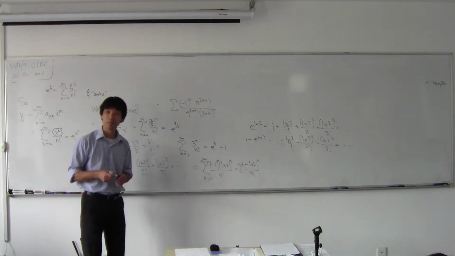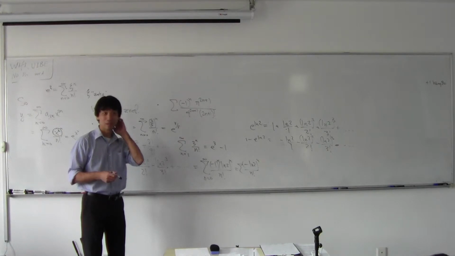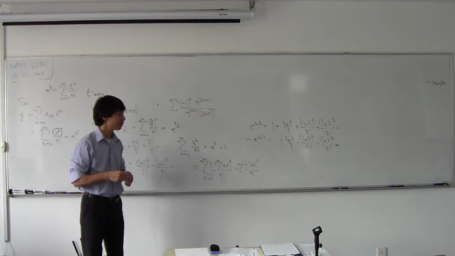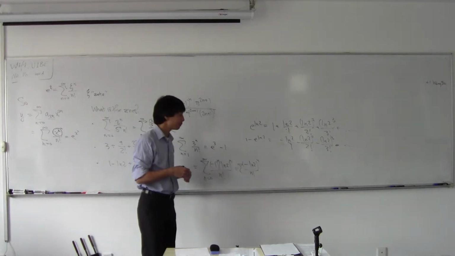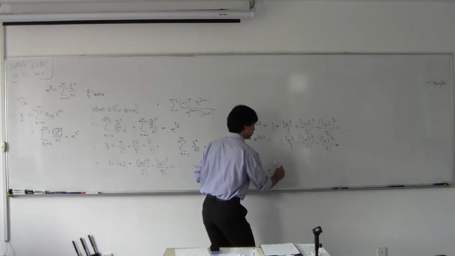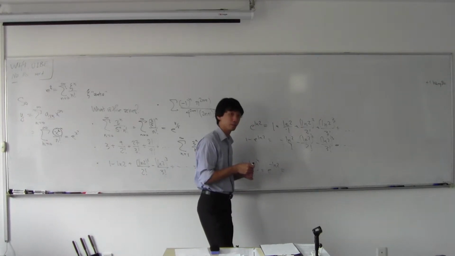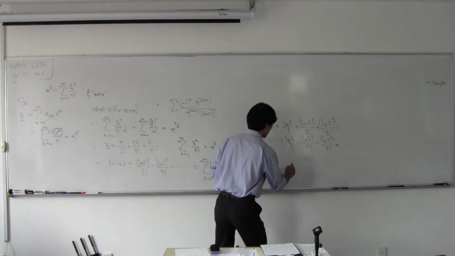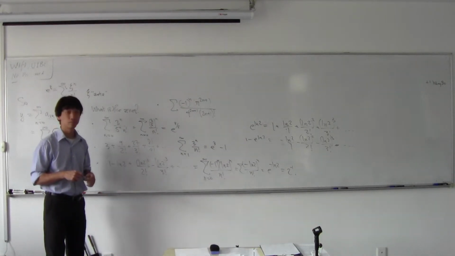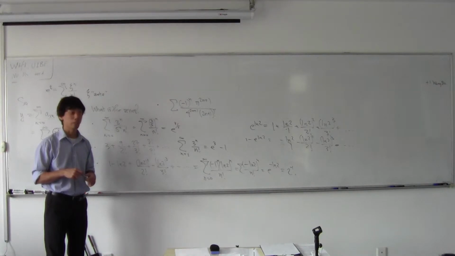Right? So what's that? You know it. It's e to the negative natural log of 2, which is not negative 2, but 1 over 2. Right, it's 1/2.